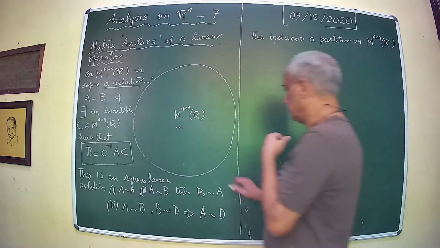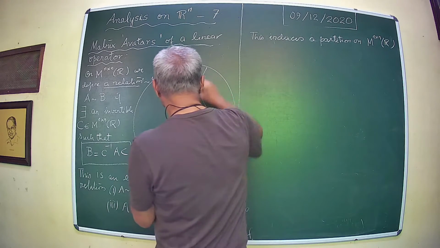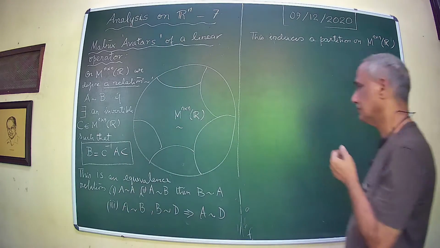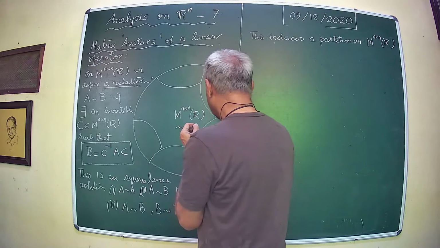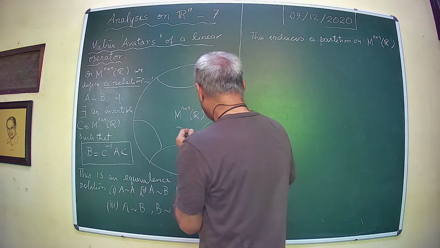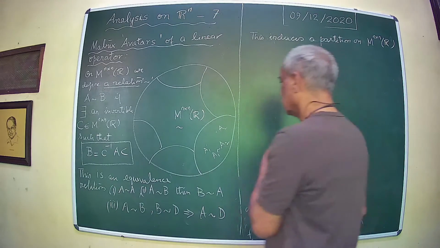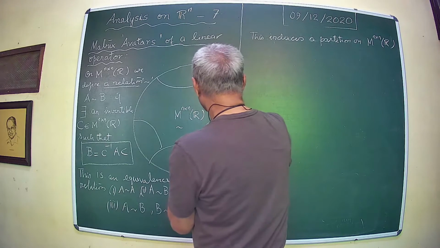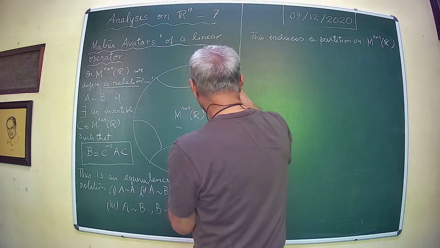So what do you have? You have now blocks. If you take two elements A1 and A2 here, then A1 is related to A2. If you take a B1 here, then A1 is not related to B1.